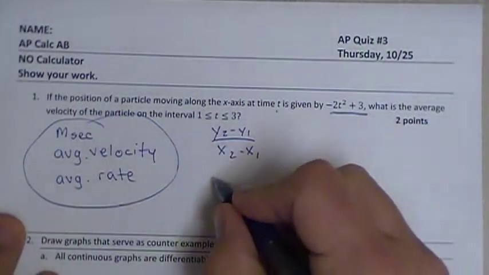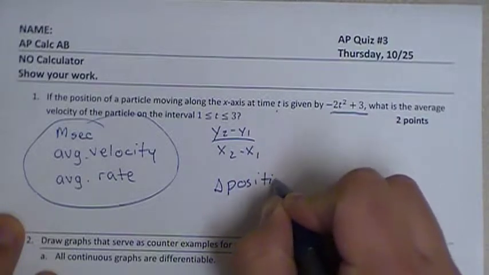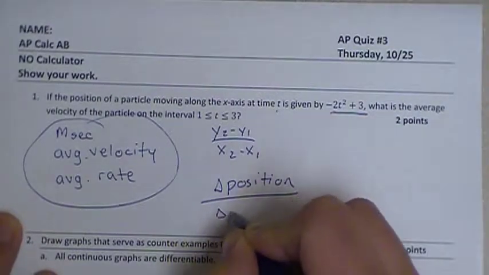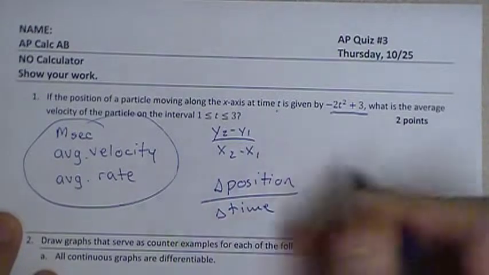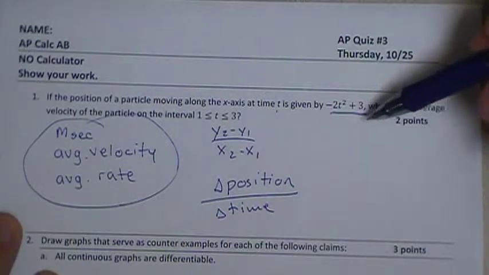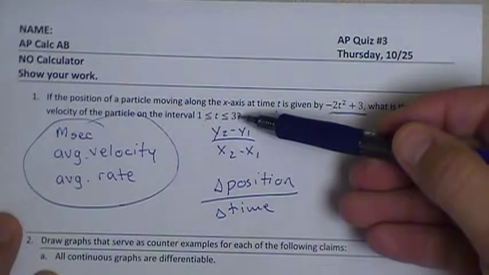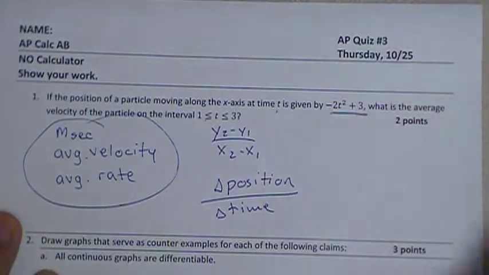More specifically, for an average velocity, we're going to do change in position divided by change in time. So you can use this formula to determine the position of the object on the x-axis at t equals 1 and at t equals 3.